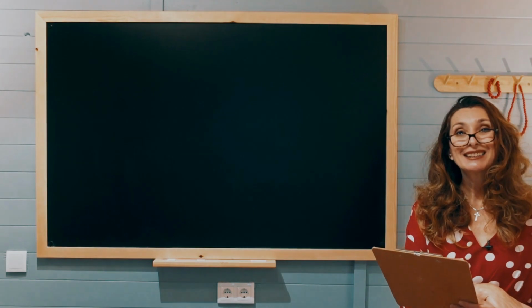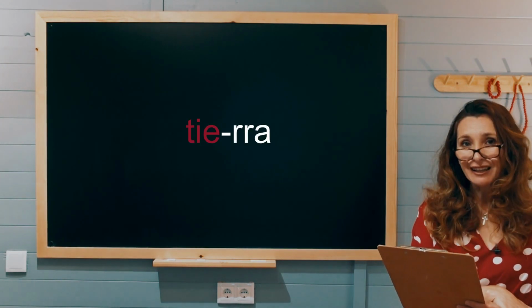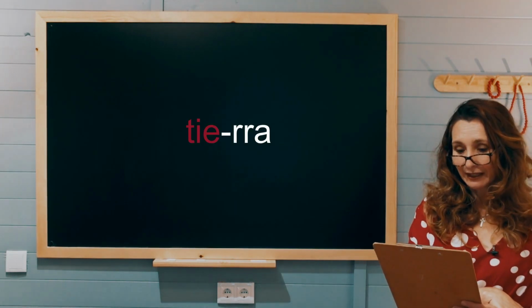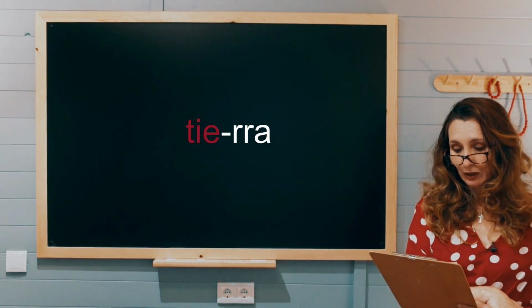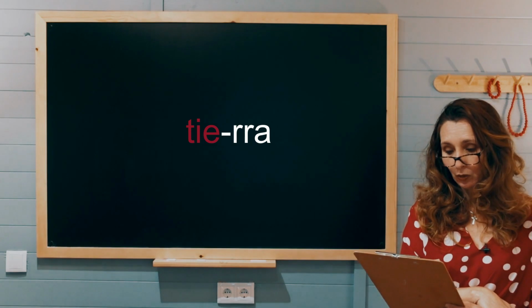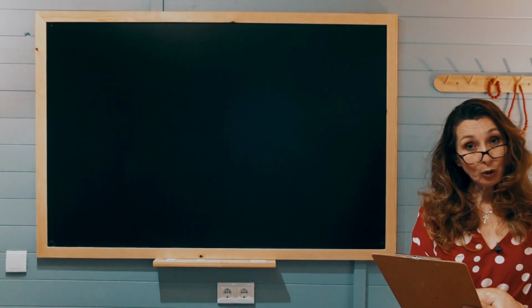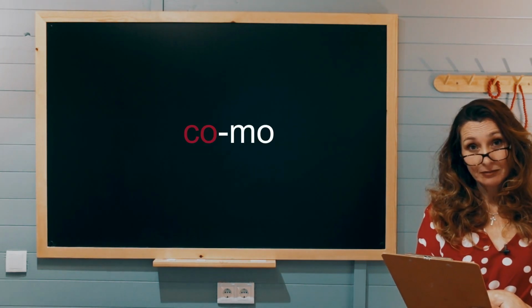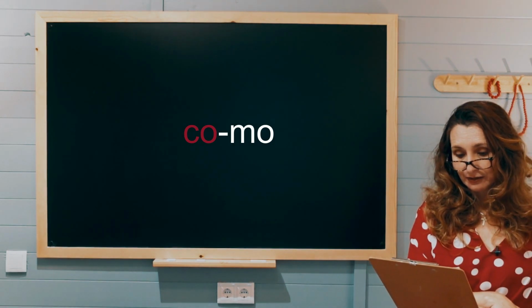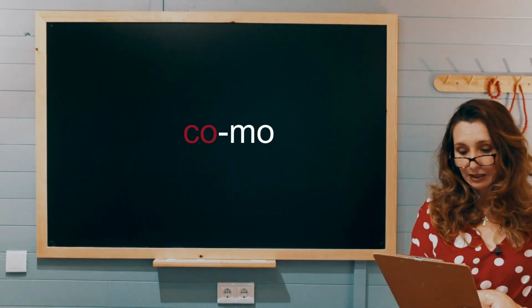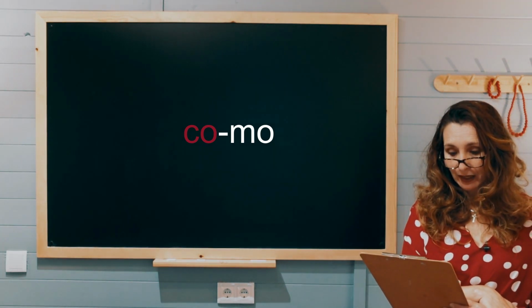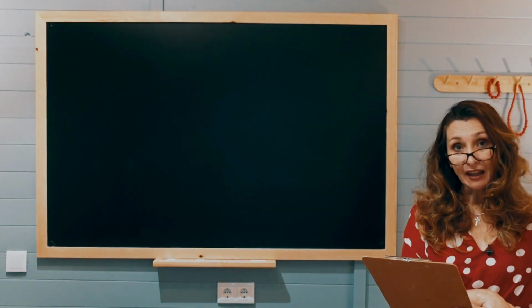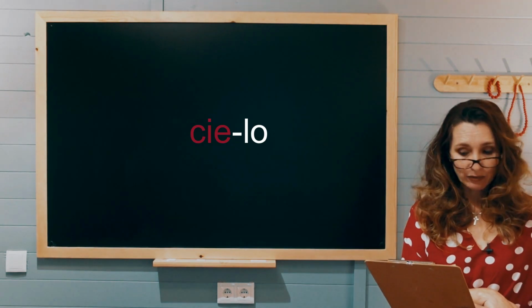En la tierra, tierra. Again, ends with a vowel and the penultimate syllable is accentuated, so all fine here. Como, same thing. Vowel, penultimate syllable, and that's where the accent really is. En el cielo, cielo, same thing.